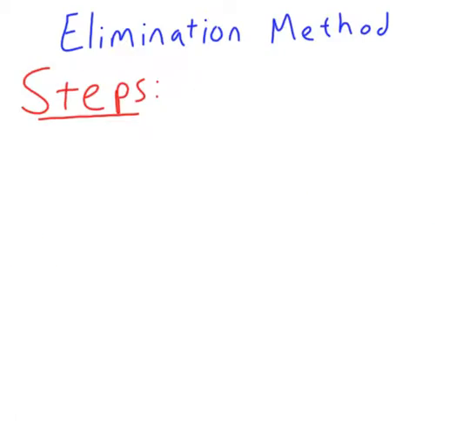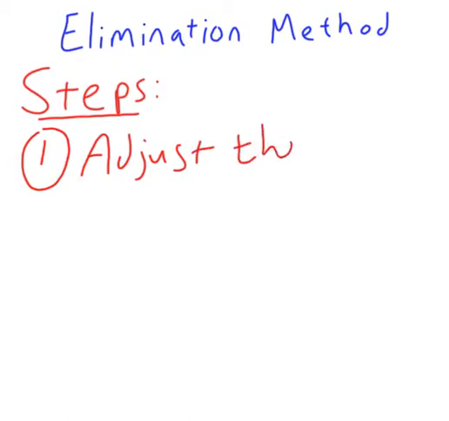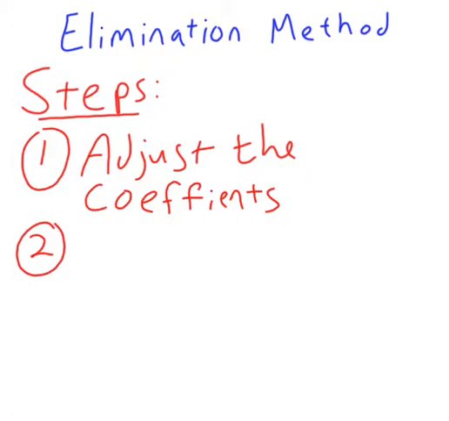All right, so what did we just do there? Well, the first step is to adjust the equations. Adjust the coefficients. That allows us to find opposites when we add. So after you've adjusted the coefficients so that you have opposites, you can add the equations together. And when you add the equations, you will end up eliminating one of the variables.